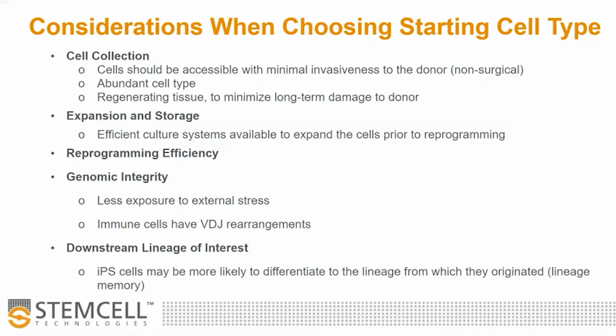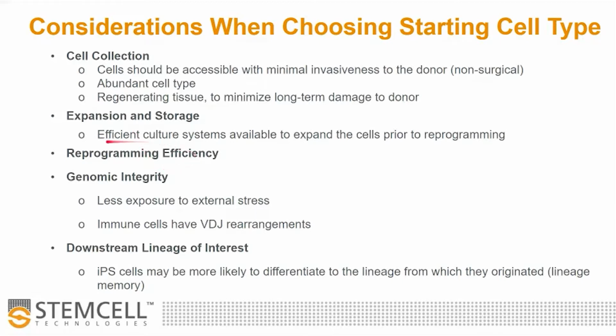So if it's something like blood, of course, blood is regenerating and it's not going to have a long-term damage to the donor. So something else to consider when you're choosing a cell type to start with. I touched on this briefly just a moment ago. Is there an efficient culture system to expand and then store those cells prior to reprogramming? Something to consider when setting up your reprogramming experiments.